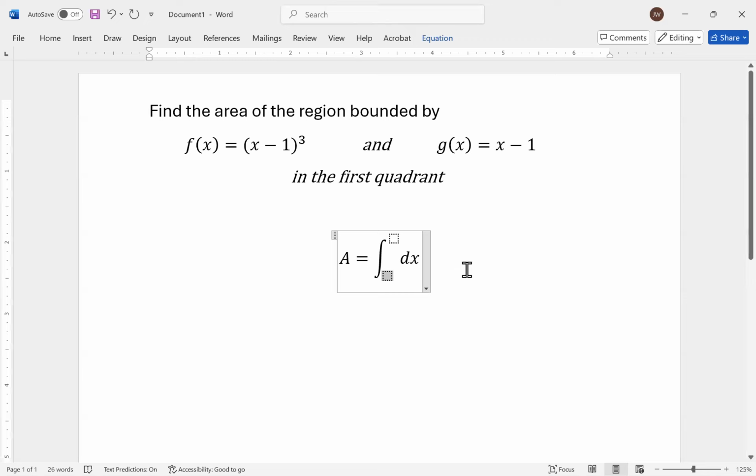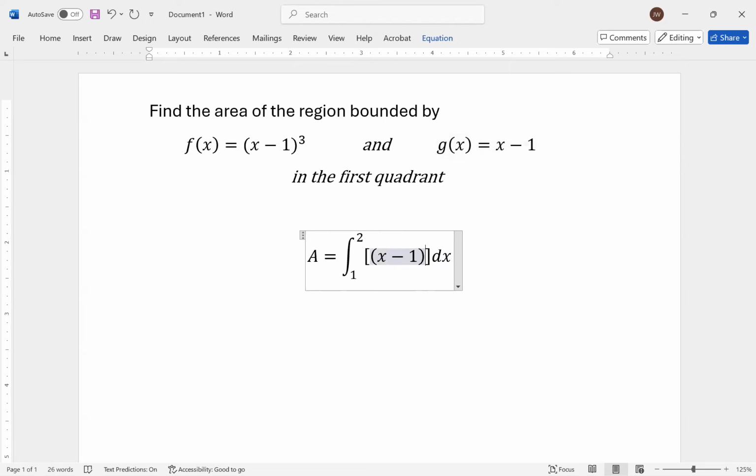Let's calculate this again. We're going from 1 to 2 on my bounds because that's where we intersected. The top curve is the g of x curve. So I'm going to put in the expression for g of x first, so x minus 1 goes in first.